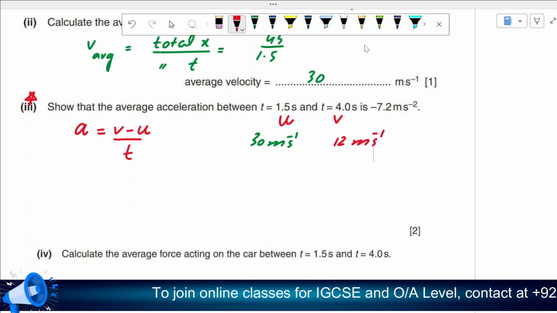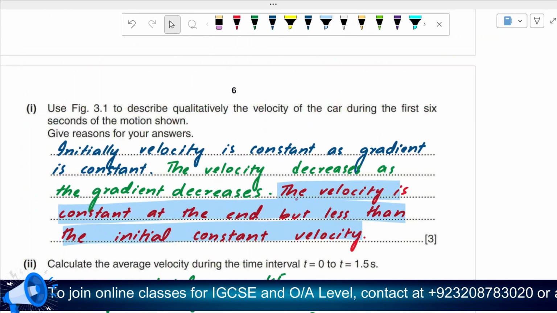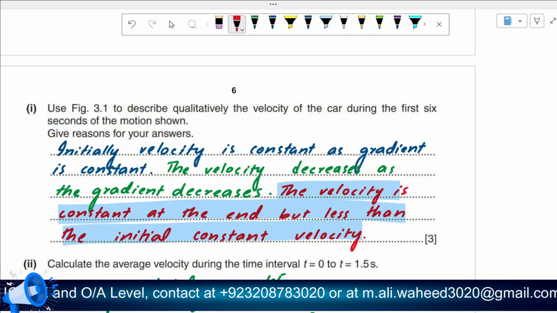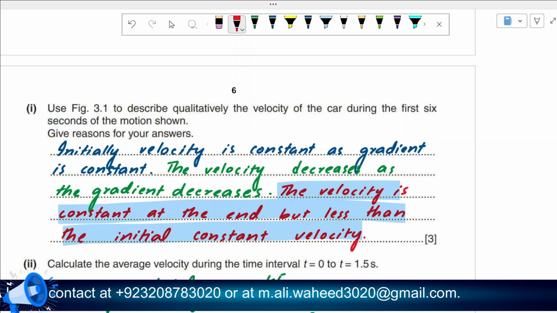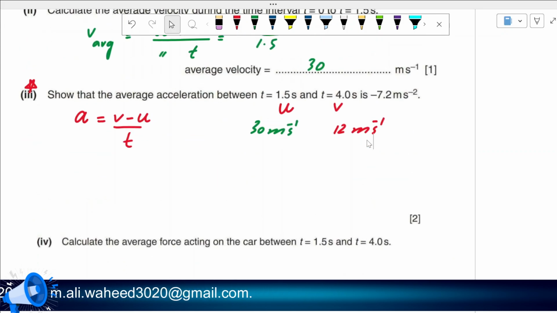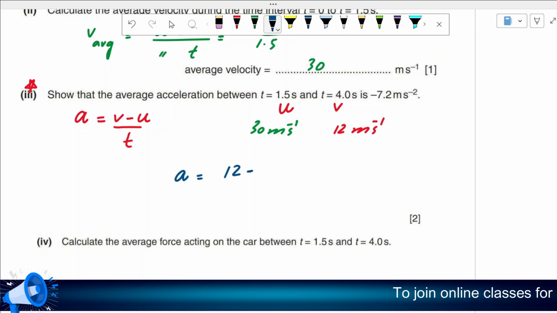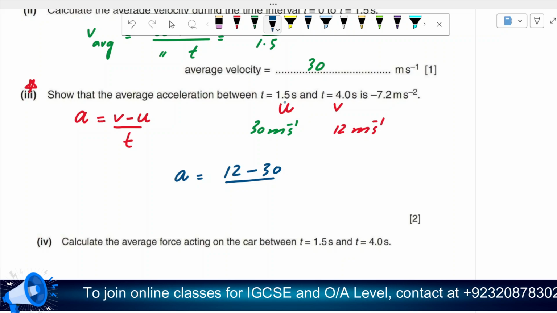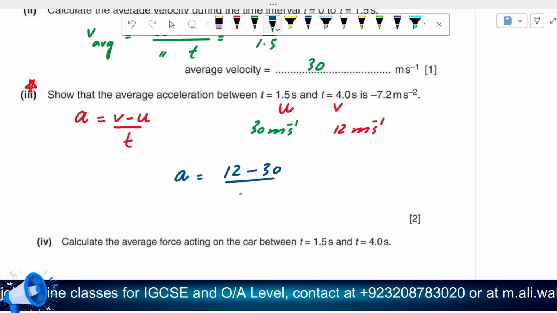And you see, this is consistent with the first part where we said the velocity at the end is constant, but it is less than the initial velocity. This is what we said initially. And mathematically, these two values are consistent with our statement. So let me insert the values in the formula. a equals v minus u divided by the difference in time, from 1.5 till 4 seconds, which would be 2.5.